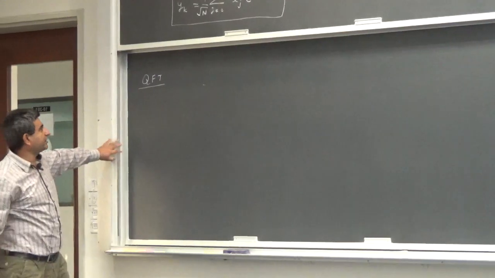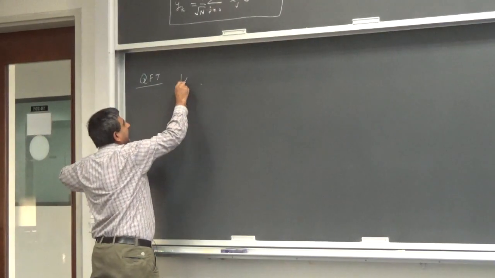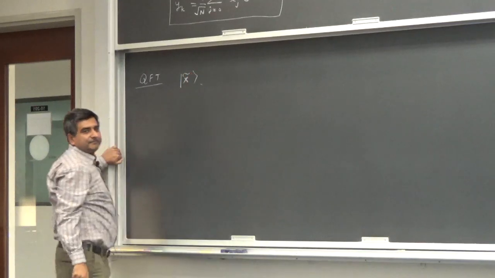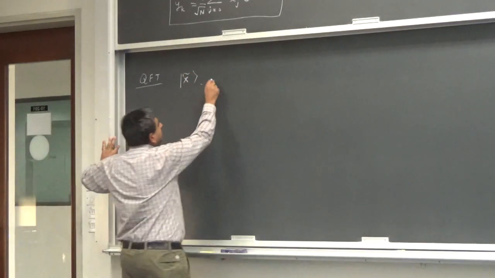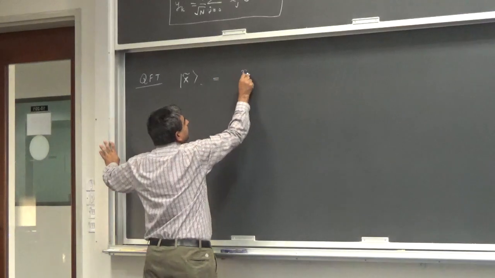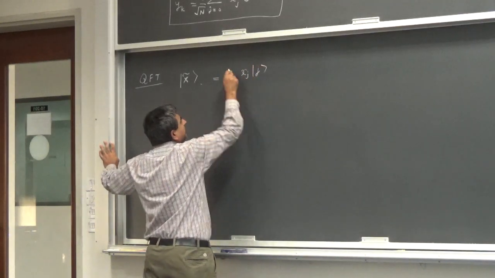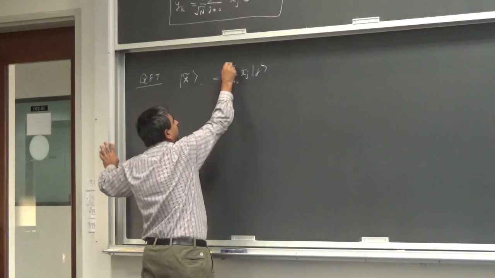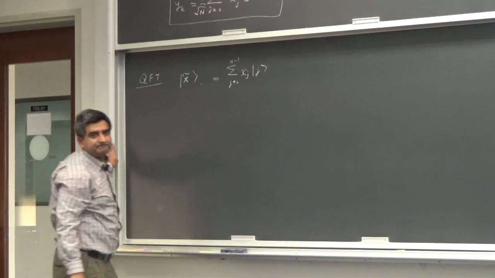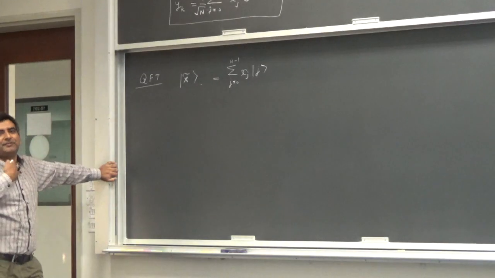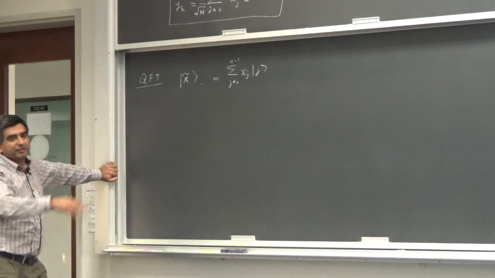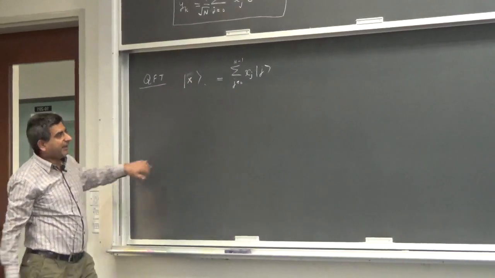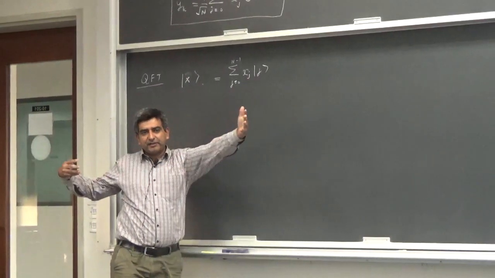What the quantum Fourier transform does is take a ket x, which might be given by the sum over all j's of x_j ket j, where j goes from 0 to n minus 1. This is a possible expansion or representation of a vector x in a certain basis state.